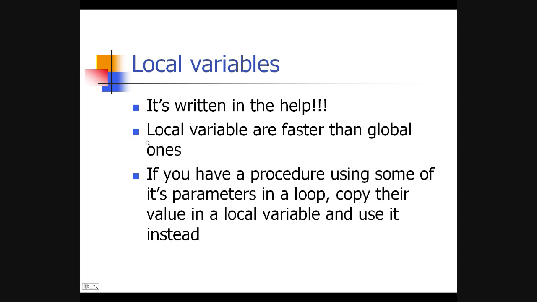So they are as slow as global variables. So instead of doing that, copy their value in a local variable and use it instead. There are other reasons why you should do that, but that's more part of the good development practices than optimization. So remember, local variables, it's written in the help.